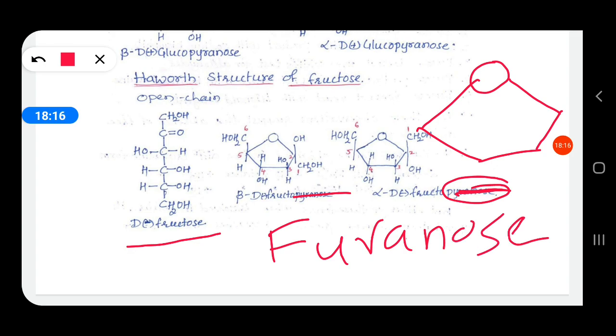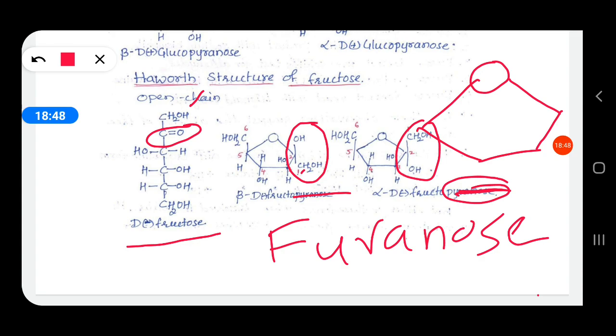It is beta D minus fructofuranose, alpha D minus fructofuranose. This 5-membered ring with 1 oxygen is called a furanose ring. Again here, it is changed only at this anomeric carbon. At the second carbon the functional group is present, so the second carbon is the anomeric carbon. The first carbon is outside the ring, below.